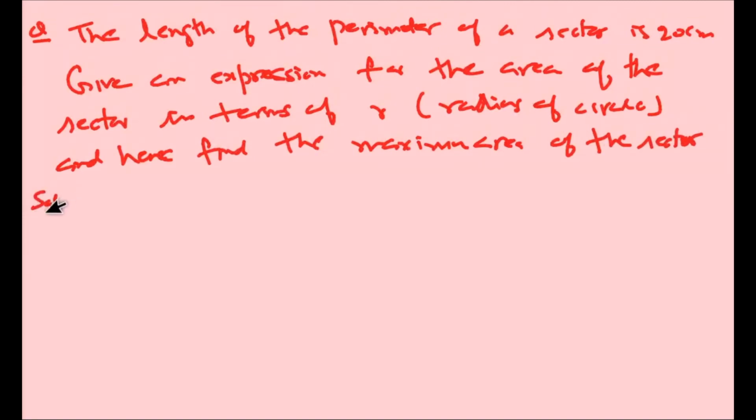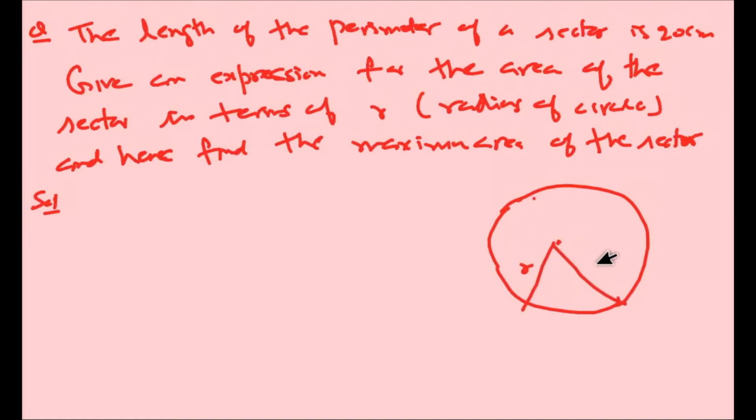And student, you know that in a circle of radius R, the perimeter of a sector is 20 centimeter. Give an expression for the area of the sector in terms of R, and hence find the maximum area of the sector.